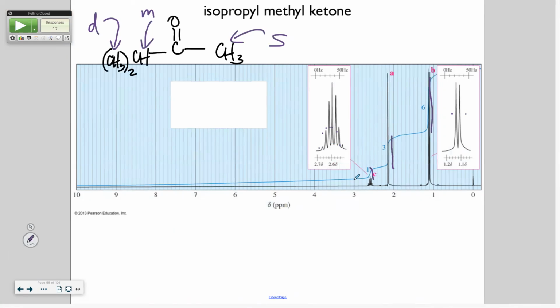Or you can take your formula, which would be C4H10O, and you could go through and measure them all and do the division and figure out how many hydrogens are in each peak. Because do you think you're going to be given 1, 3, 6? Not necessarily. Okay, is that making sense?